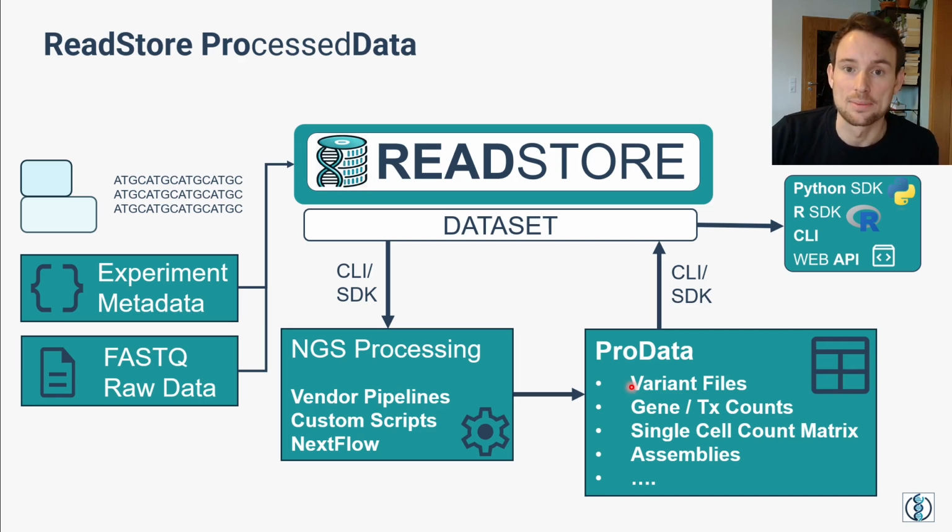With this, you can keep track of all your raw and process data along with the experimental metadata at a single location. For your downstream analysis, you can then go back to your ReadStore database using the Python or R integrations or the command line interface and retrieve access to those process datasets without having to search for the datasets on your file system.